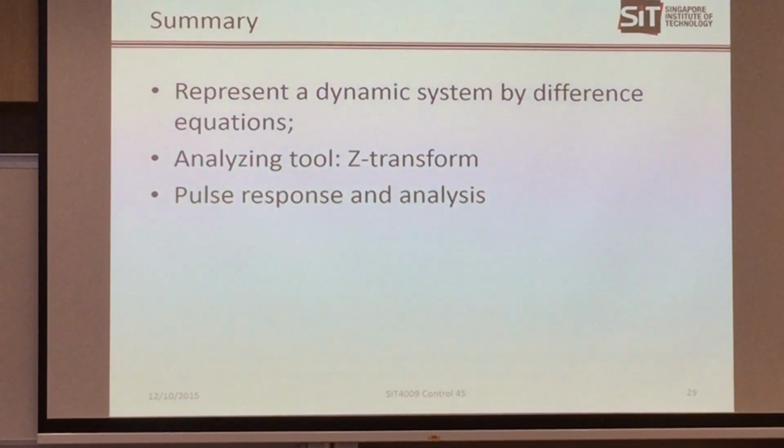Okay? We have also reviewed how to go from the differential equation to the Z transform. We also explained again the relationship between the continuous domain and the discrete domain, and also how we can represent all different types of signals.